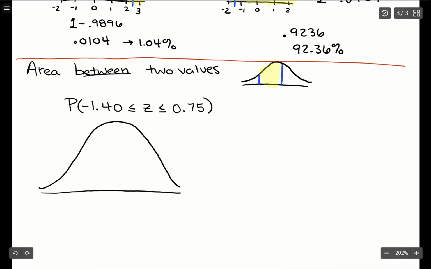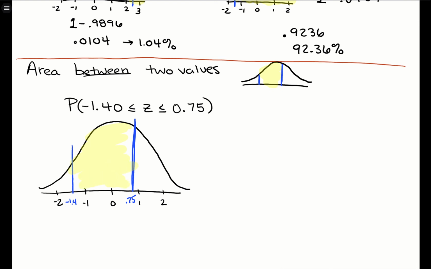So I have my curve and then I'm going 0, 1, 2, negative 1, negative 2. So we want to look from negative 1.4, which is about right here, up to a positive 0.75, which is about right there. And we want to eventually find the area between those two values. So I want to end up with all of this.